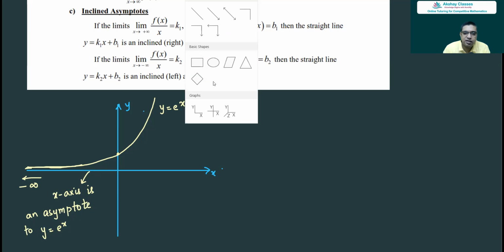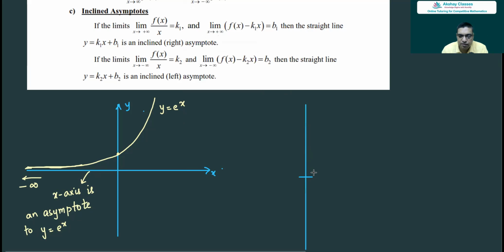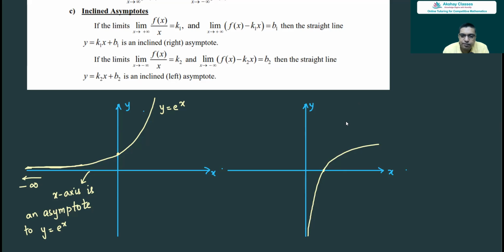Now let's look at the next one, which we have already dealt with. What is this curve? So log. y is equal to log x. Now, as x approaches 0, y goes to infinity, but at infinity we assume that it will touch.